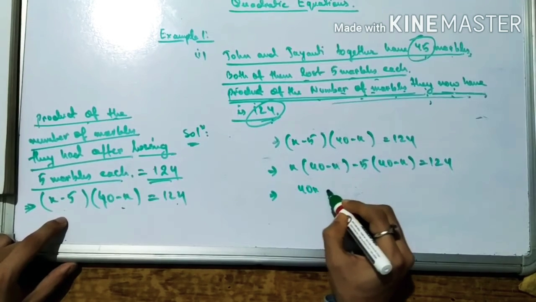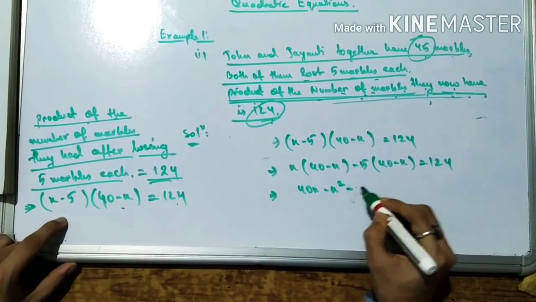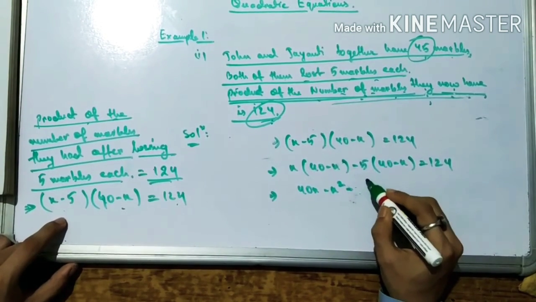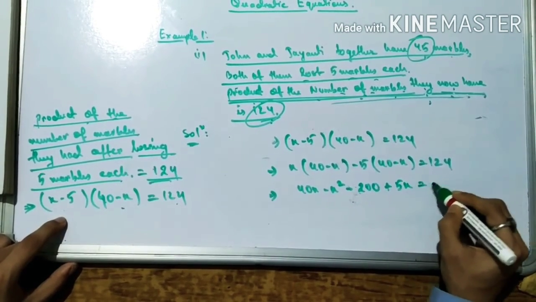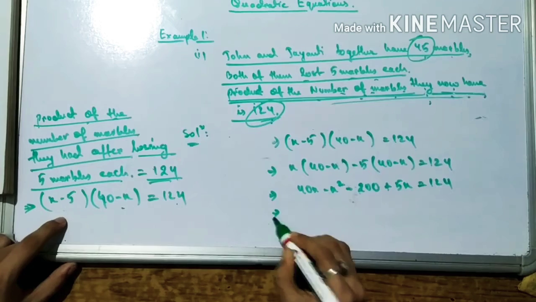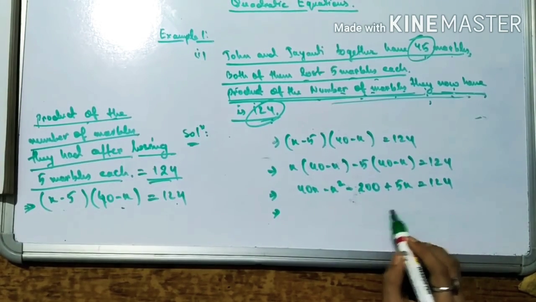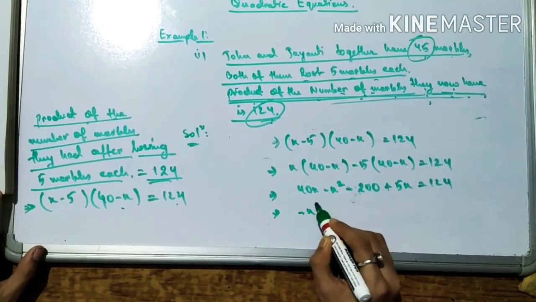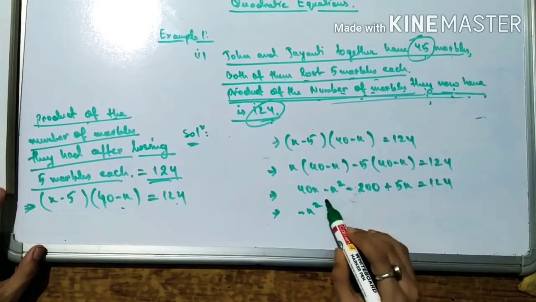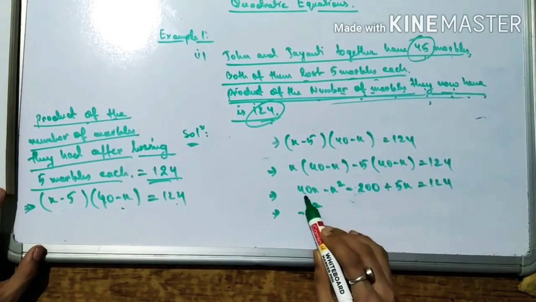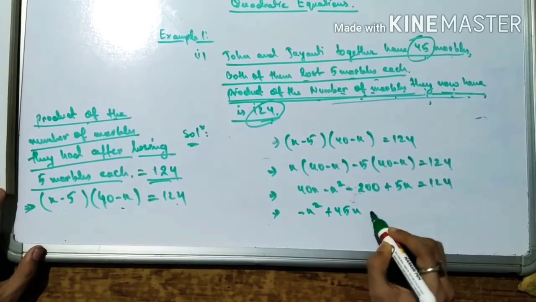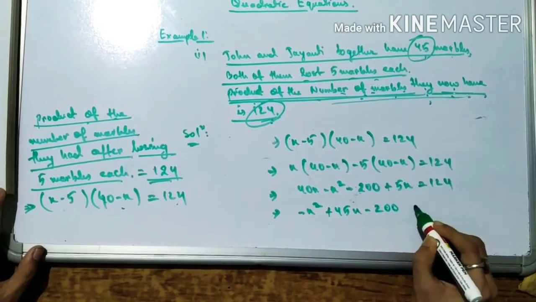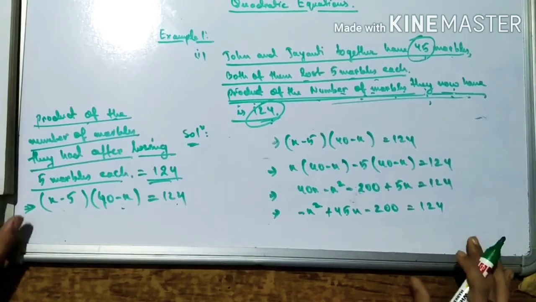So this is 40x minus x square minus 40 into 5, it will become 200, plus 5x equals to 124. So ultimately I will get minus x square, 40x plus 5x, I will get plus 45x minus 200 is equals to 124.